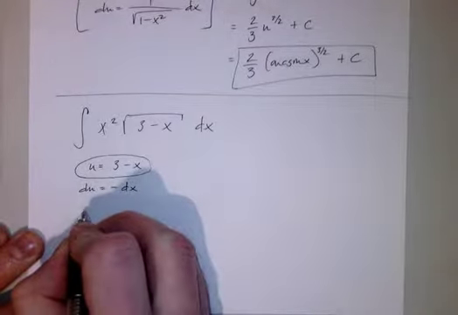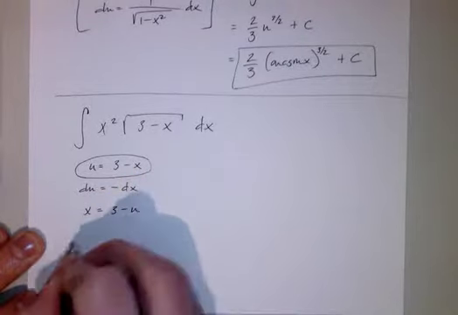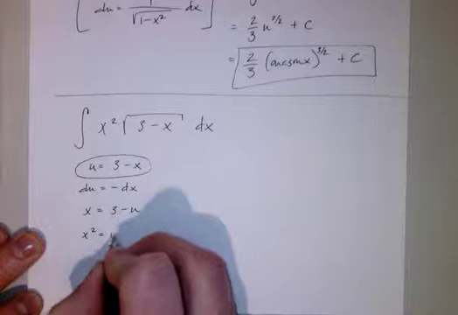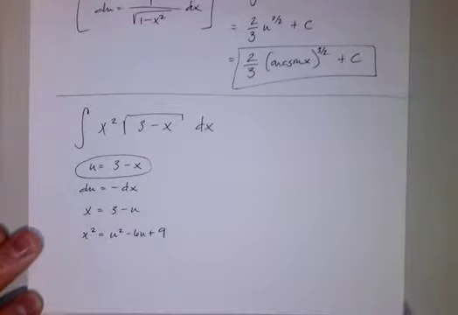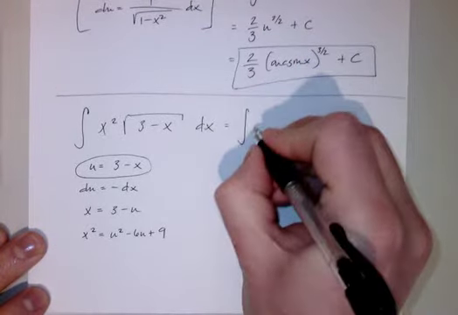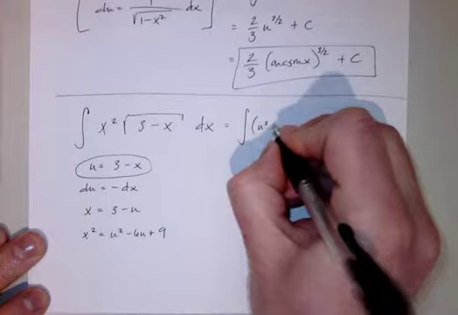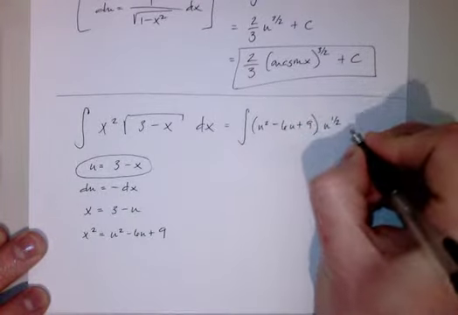So I know that if u is equal to 3 minus x, x is equal to 3 minus u, and x squared is equal to u squared minus 6u plus 9.